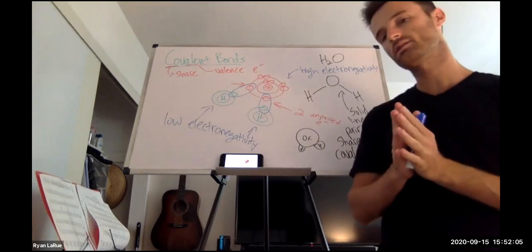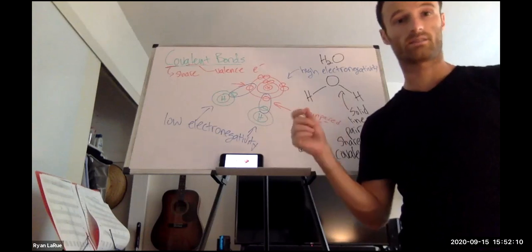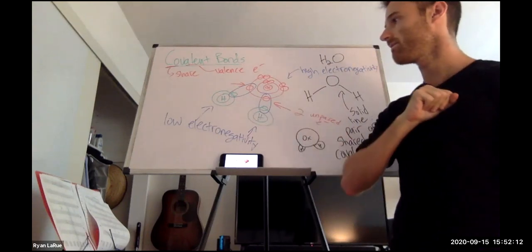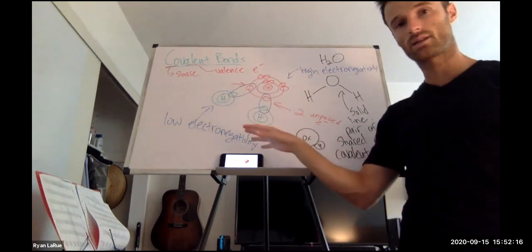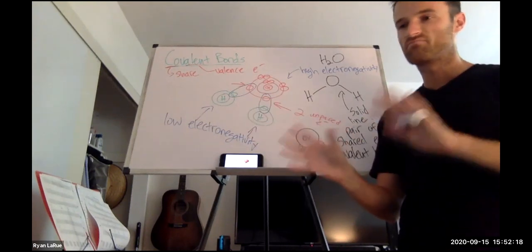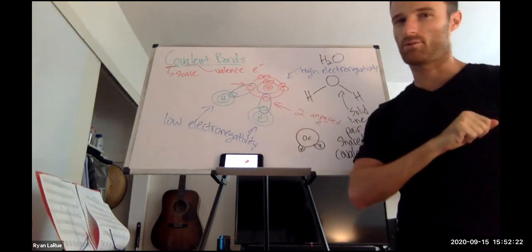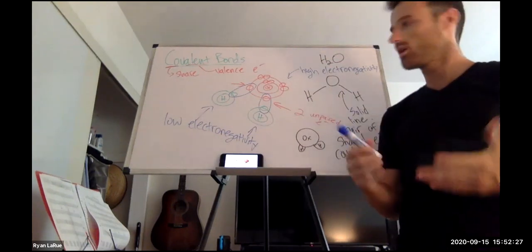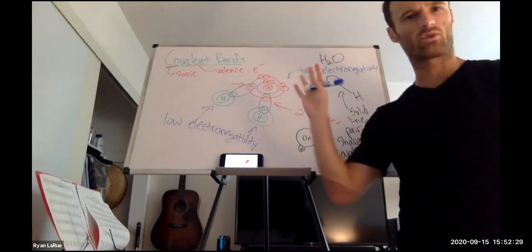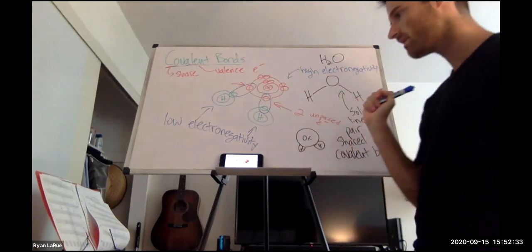And electrons tend to spend more time circling and orbiting around the oxygen. On the other hand, hydrogens, because they have low electronegativity, electrons aren't really as into hydrogen. They don't want to spend as much time around hydrogen. So a majority of the time, electrons are attracted and spend more time around the oxygen.